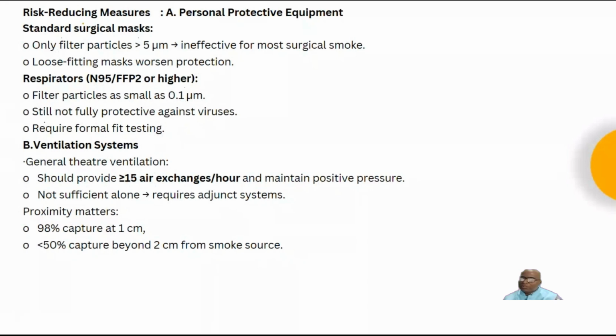But what is more important is that whichever adjunct system you use, it should be as close as possible to the source, because at 1 centimeter from the source it will capture 98% of the smoke, but at 2 centimeters or beyond, it will capture only 50% of the smoke. So the distance of the smoke evacuation system from the source is going to be very important.